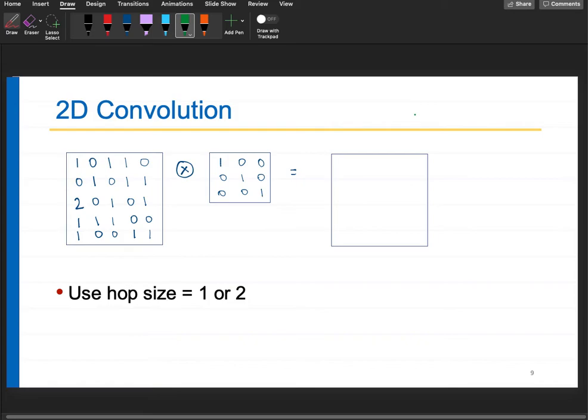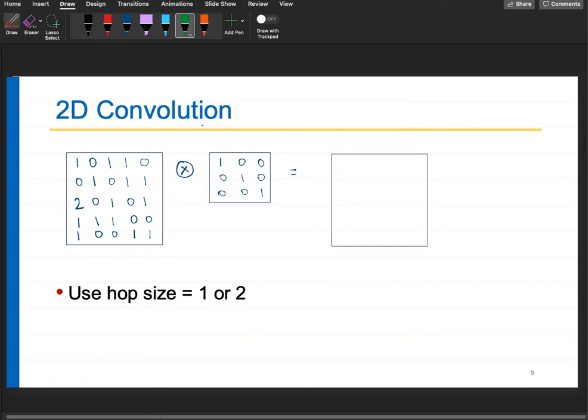Those of you who know the answer, please raise your hand. Hop size is 1, no padding. 3 cross 3. Very good.